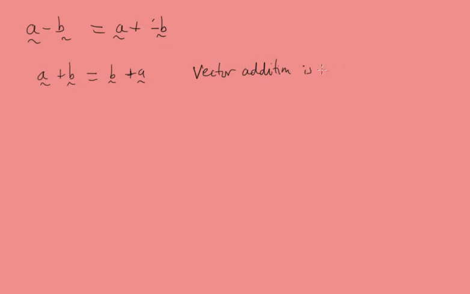So A minus B is the same as A plus minus B. And A plus B is the same as B plus A, which means vector addition is commutative.